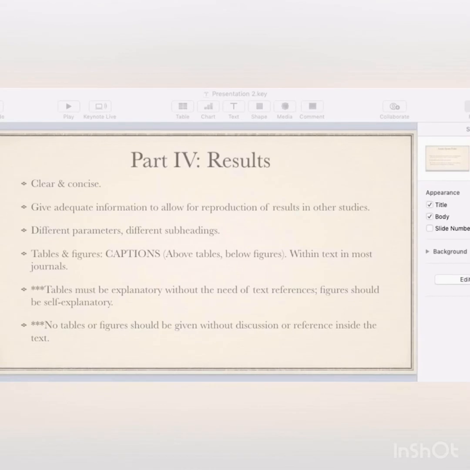The tables themselves must be explanatory, without the need of referring to external resources, and figures should also be self-explanatory. No tables or figures should be given without discussion or reference inside the text. For example, if we're referring to results, we must also cite these tables or charts within the text itself.